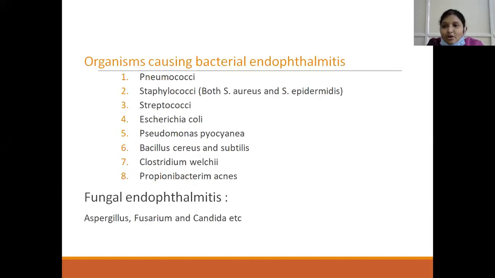So what are the various organisms which can cause endophthalmitis? It can be caused by bacteria as well as fungi. What are the bacteria responsible? It can be gram-positive or gram-negative cocci as well as bacilli. The various bacteria are Staphylococcus epidermidis, aureus, pneumococcus, Pseudomonas, Bacillus cereus, Escherichia coli, Clostridium welchii, Propionibacterium acnes.